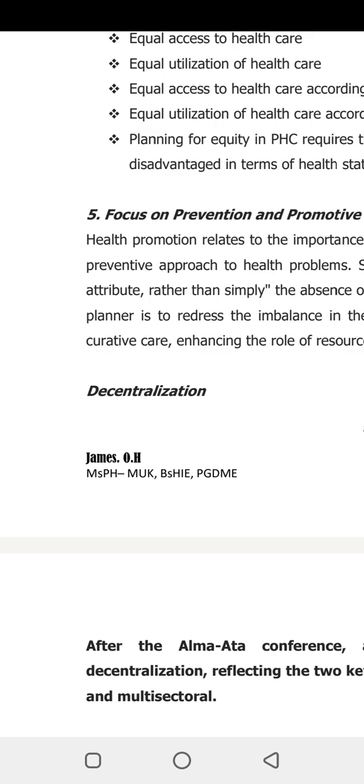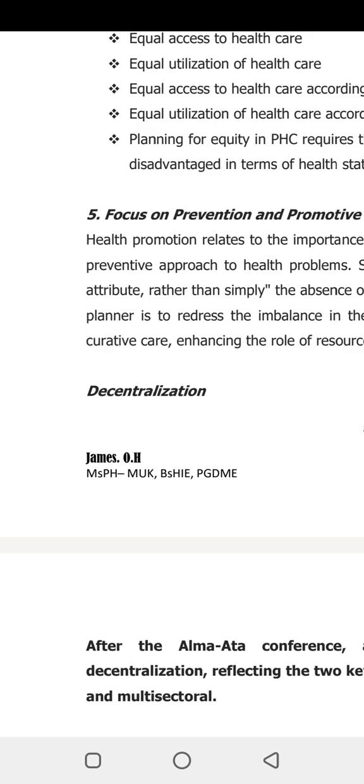And we make sure that we promote the health services to this ambulance. I'm giving an example of the ambulance. Making sure that all the health centers and the PHC centers are in touch with the ambulance services.